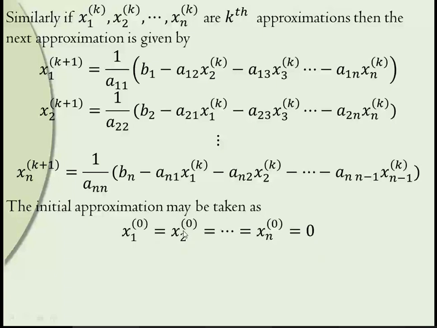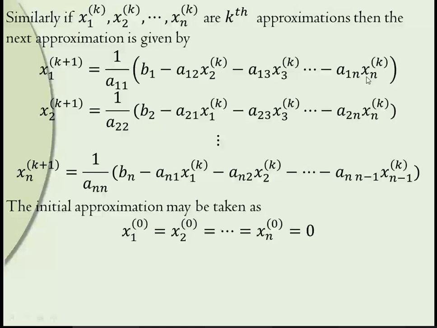One can take a different approximation, with all these terms equal to 1, or any arbitrary value, but taking 0 is convenient, because if you put zeros over here, then the calculation becomes very easy, since this into 0, this into 0, all become 0, and only the constants remain, and dividing by the constant we can easily find the first approximation.